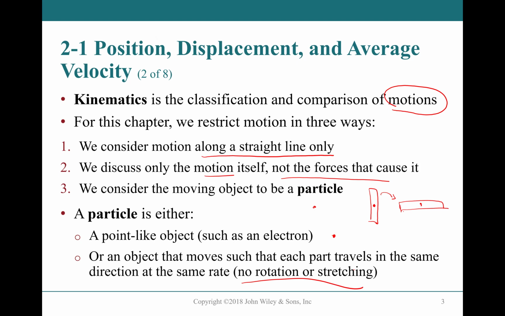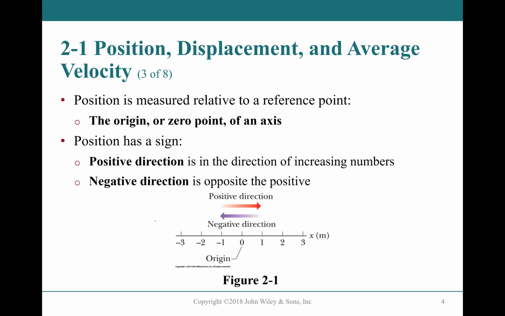The shape of the object will not change, and also the orientation is not changing, and that's a particle. Okay, so these are the restrictions on the motion we are going to study in this chapter, and they are very easy. This is the easiest case, so we are going to start with a very easy motion first.